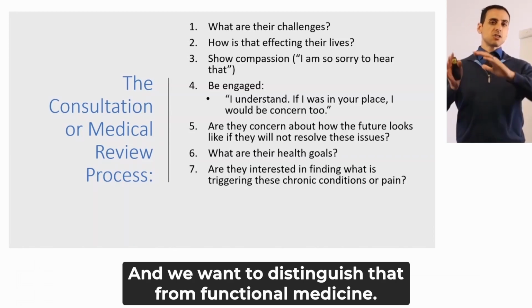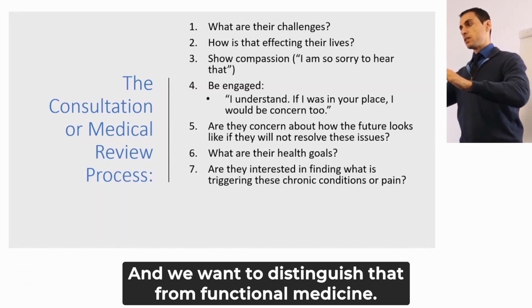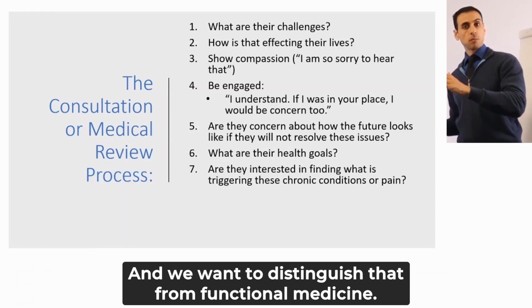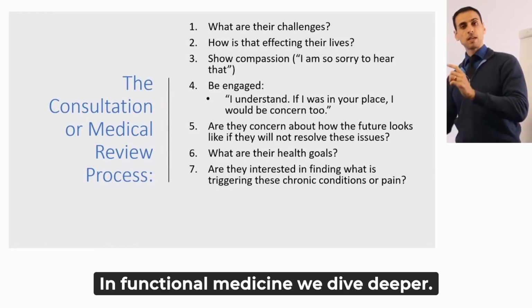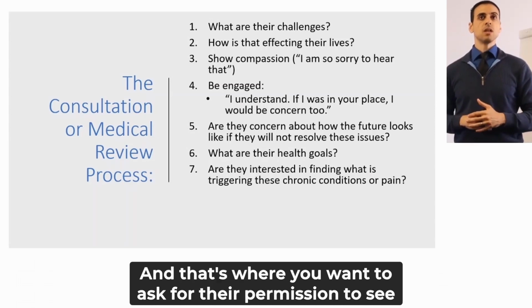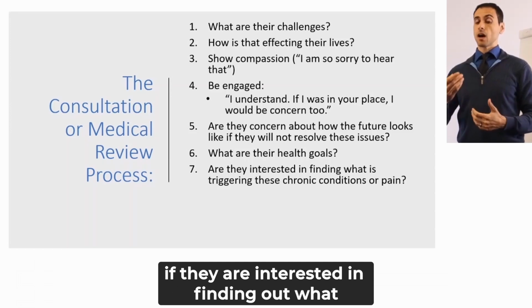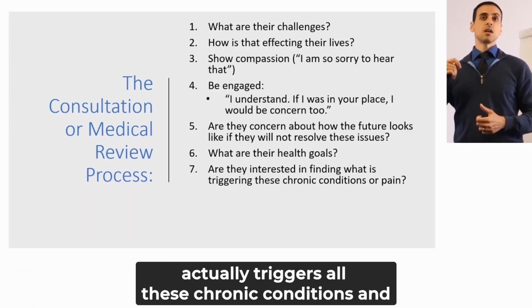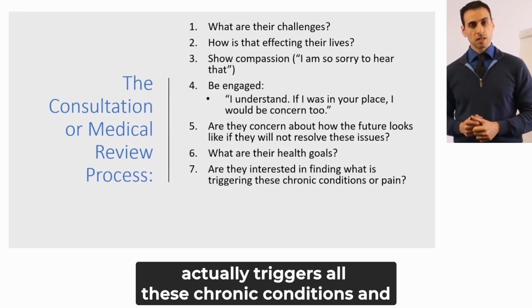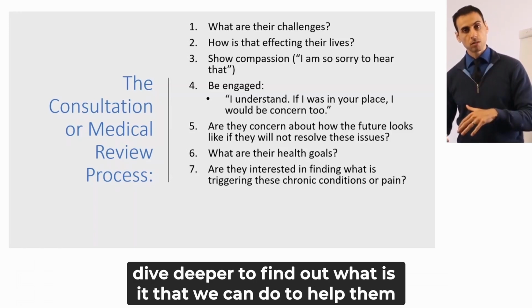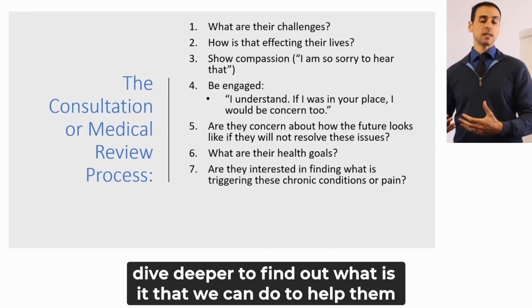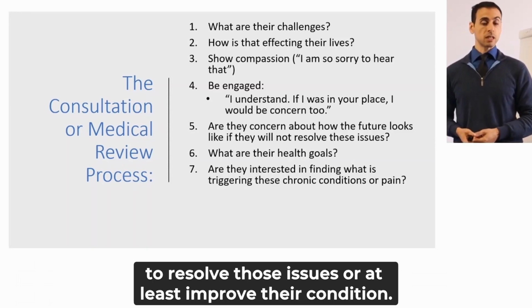In functional medicine, we dive deeper, and that's where you ask for their permission to see if they are interested in finding out what actually triggers all these chronic conditions, and what we can do to help them resolve those issues, or at least improve their condition.